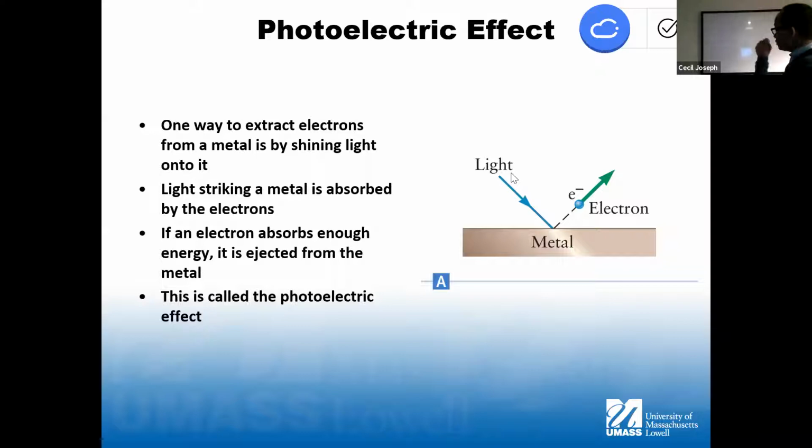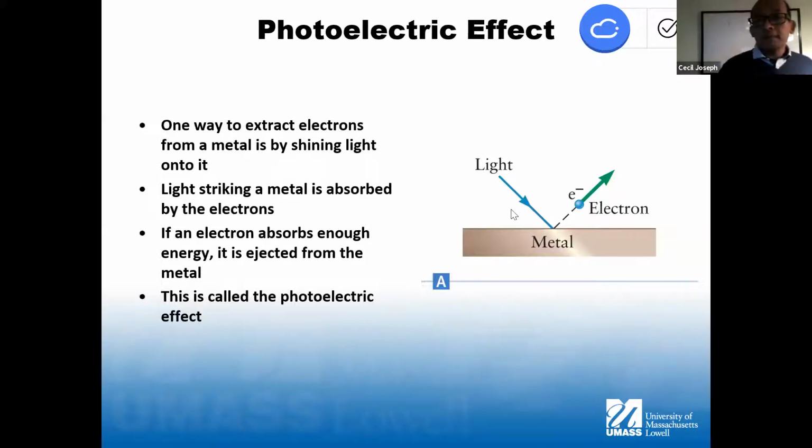That is the photoelectric effect: photo, that's the light part, and electric, that's the electrons. Light hitting the surface of a metal can eject electrons from that surface. This effect is called the photoelectric effect.